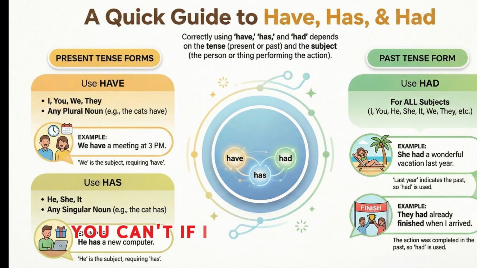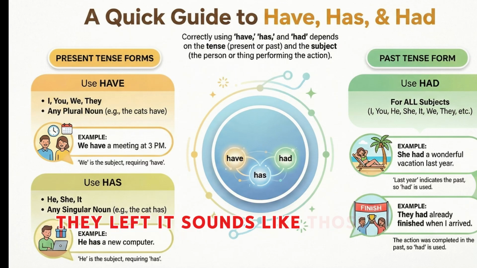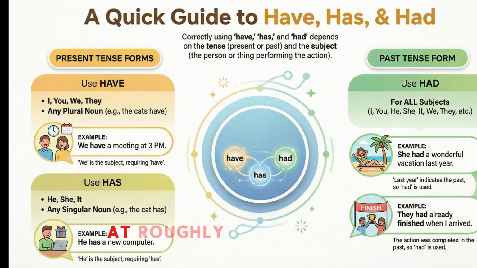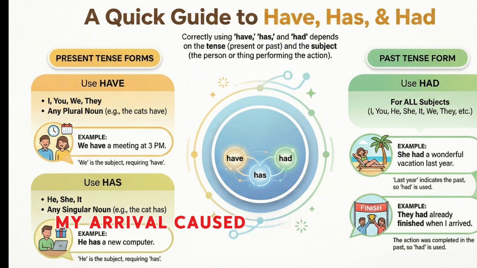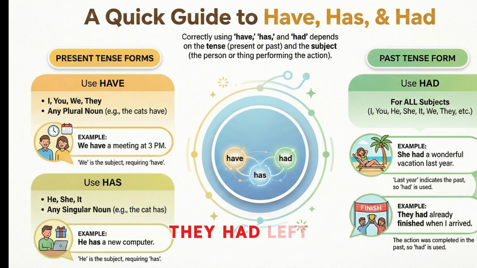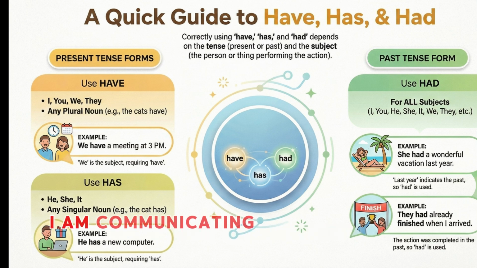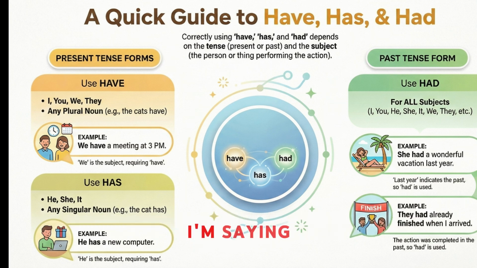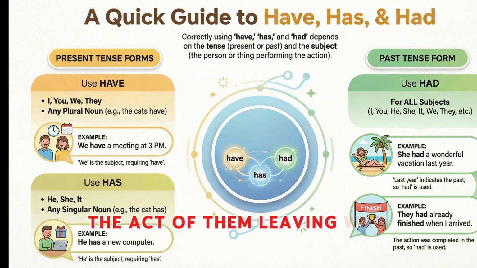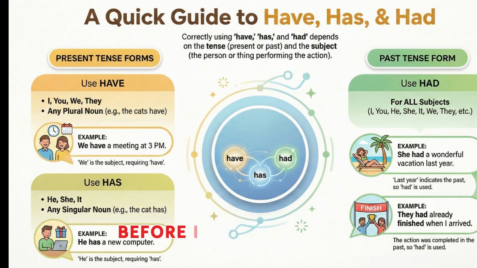You can't. If I say, when I arrived, they left, it sounds like those two things happened at roughly the same time. My arrival caused their departure. Right. But if I say, when I arrived, they had left, I am communicating something very different. I'm saying the act of them leaving was already complete before I even got there.